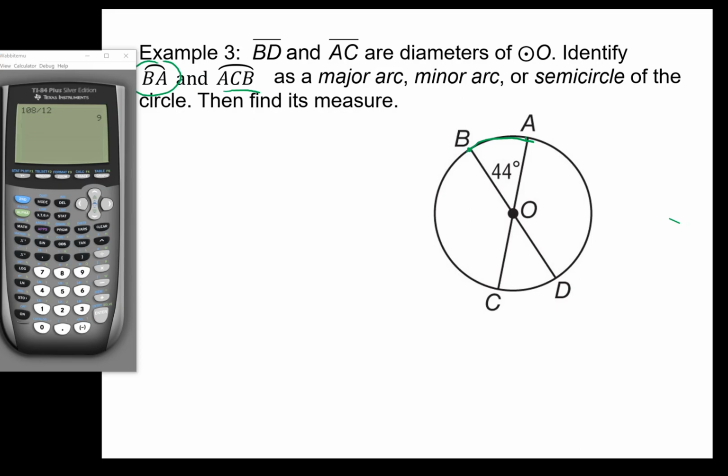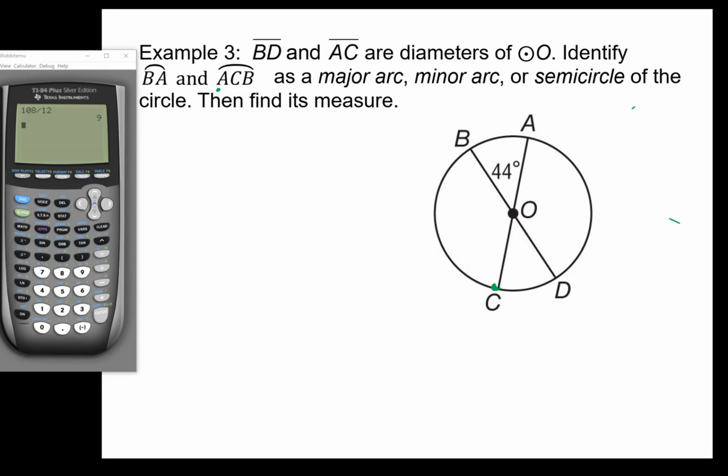If I give you 3 letters, you've got to start at A, travel to B, but you must pass through C in the process. So we've got to go the back way, and that's how we make a major arc. A major arc will always be labeled with 3 points on the edge of the circle.